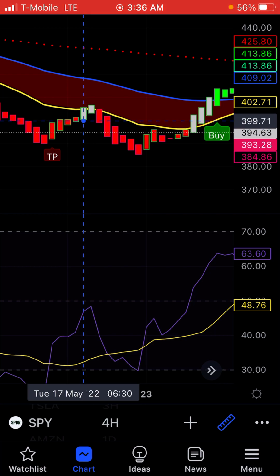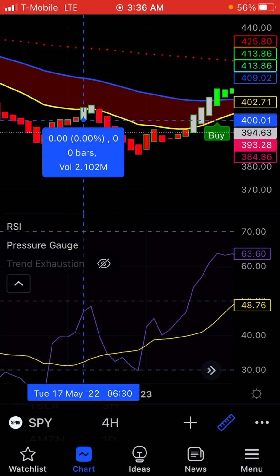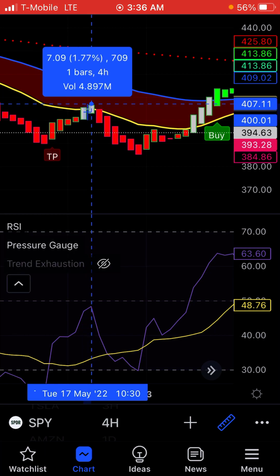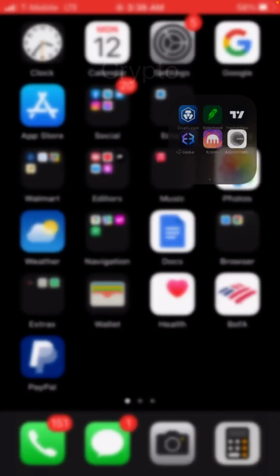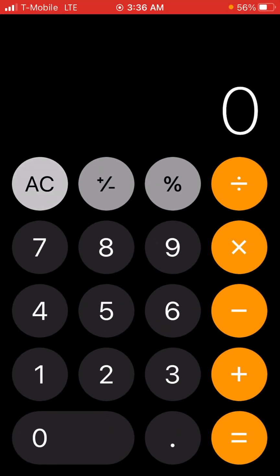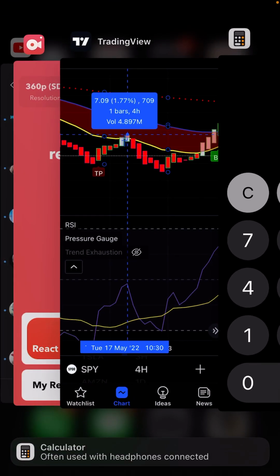So if you came in right here, very briefly, this would have been a $400 call, and you just rode it out to about here. That was a difference of $7 in price, so that little move was about $350.